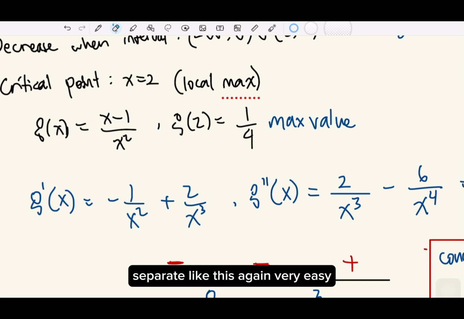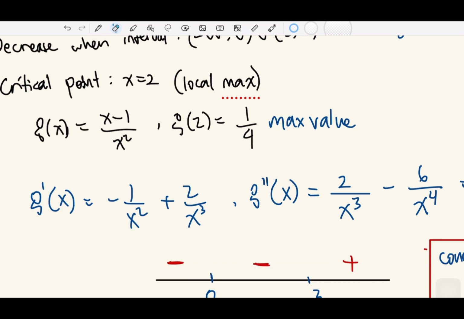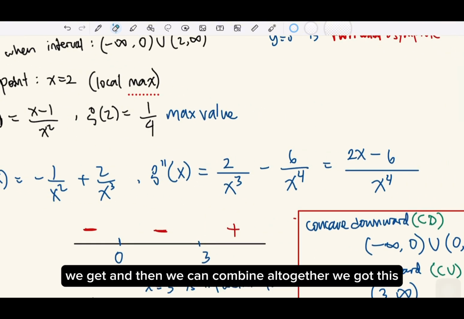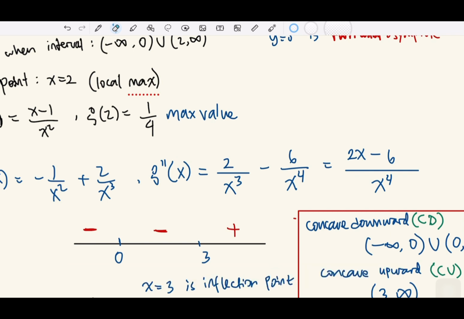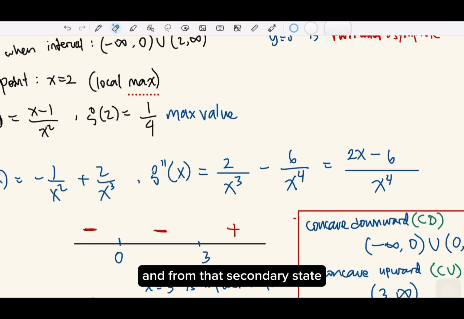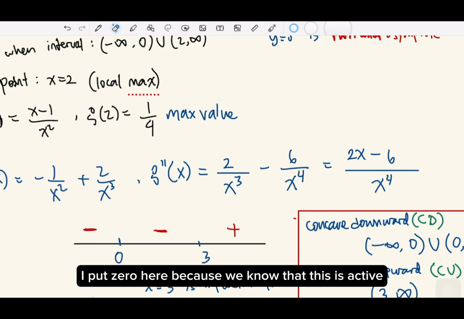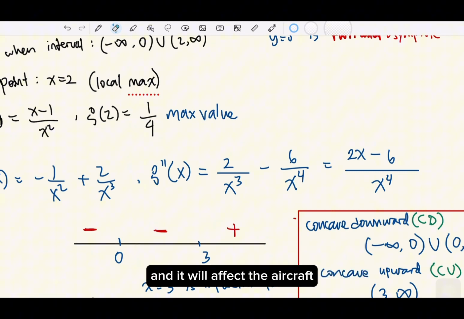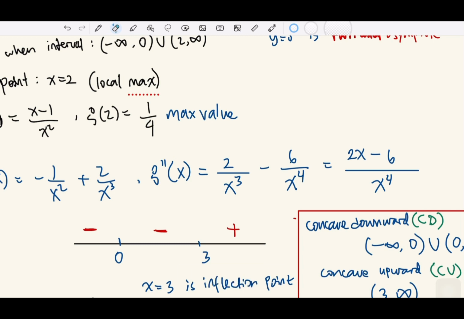Again, very easy, right? So g double prime, we get this, and then we can combine them together. And from that second derivative, we also can get this number. And remember the 0, I put 0 here because we know that this is an asymptote and it will affect our graph. We put the intervals, and interestingly, we have negative, negative, positive.